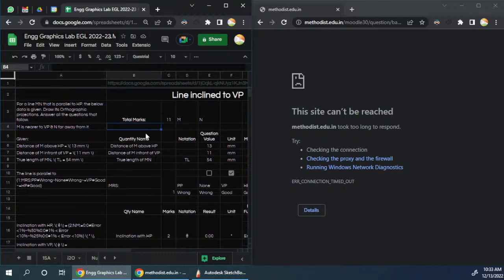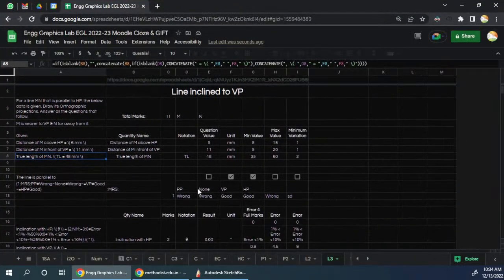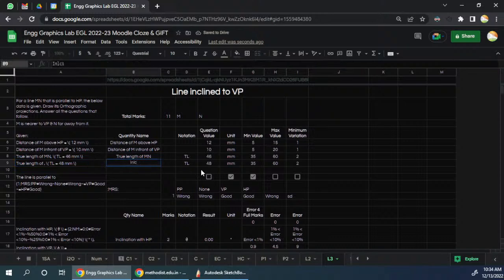The given data, of course: the points need to be given, the true length needs to be given. And then you have to provide one more data, right? Inclination with VP. What is it called again? That's called theta, right?